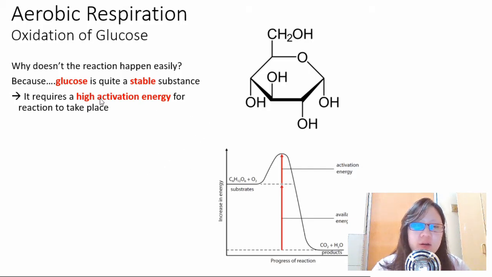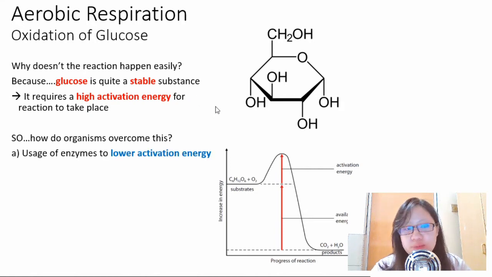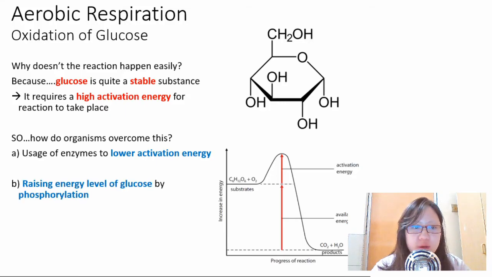So when you hear activation energy, I hope you are thinking enzymes, because what we're going to do is use enzymes to lower the activation energy so we can break down glucose. Not only one enzyme is needed; many enzymes are needed in the different processes. The second thing we can do is raise the energy level of glucose, making the energy levels higher.